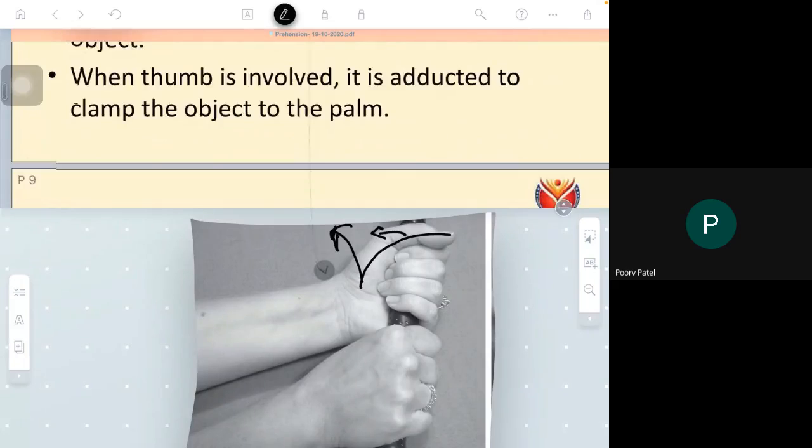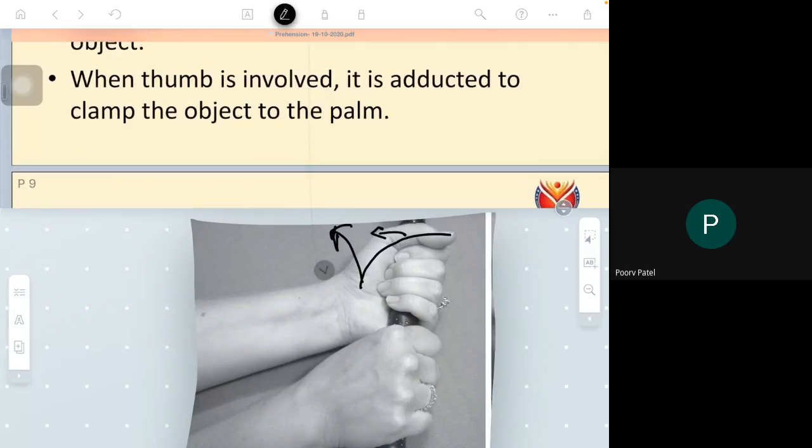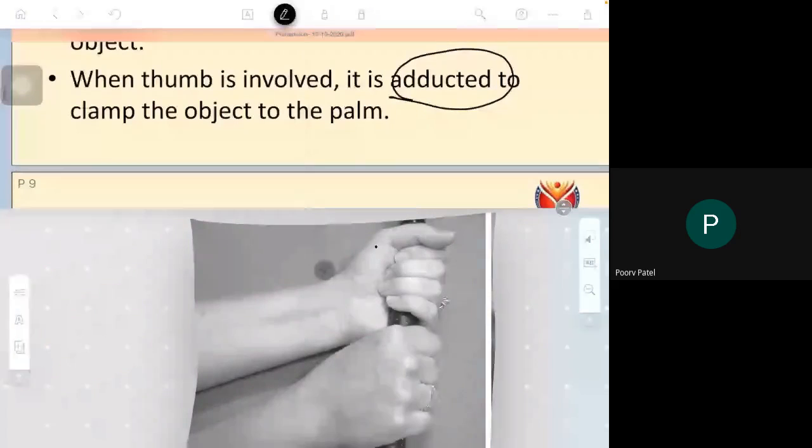If thumb is used, or if thumb participates, which movement will occur? Adduction movement will occur. Now, this is adduction movement. This movement is adduction of thumb. If thumb is used, thumb is kept in adducted position.